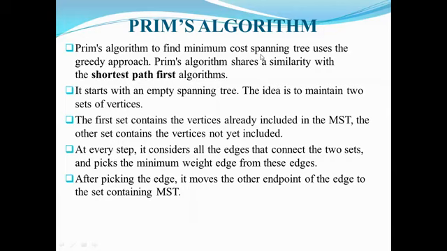I have already told you in the previous video that we can easily identify how many spanning trees are possible. If the graph is completely connected, then we can directly apply n power n minus 2, where n is the number of vertices. If the number of vertices is 4 and the graph is completely connected, then 4 power 4 minus 2 means 16. We cannot always expect the graph to be completely connected.